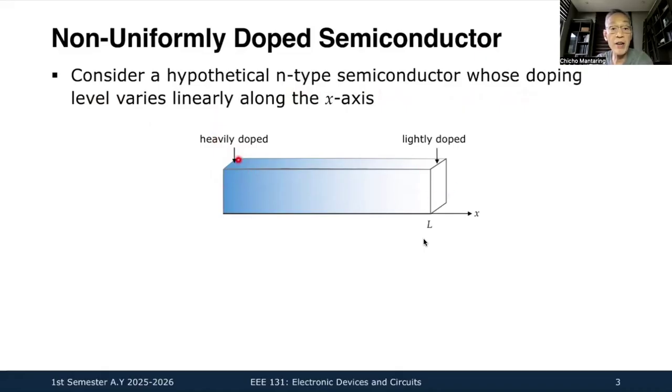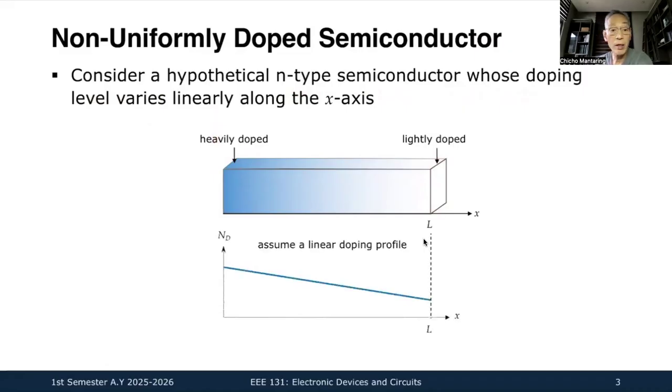This is very heavily doped with donor impurities, and as you go along the x-axis, the level of doping gets lighter and lighter, so that at x equal to L, it is already very lightly doped. Let's assume that the doping profile is linear. So here you have high doping and then linearly decreasing. Here you have low doping.